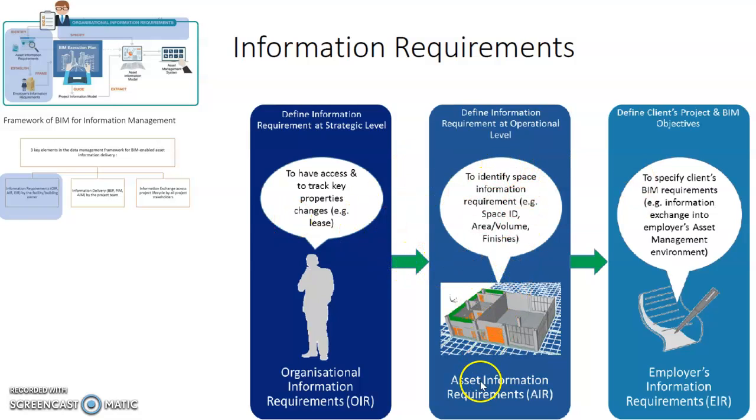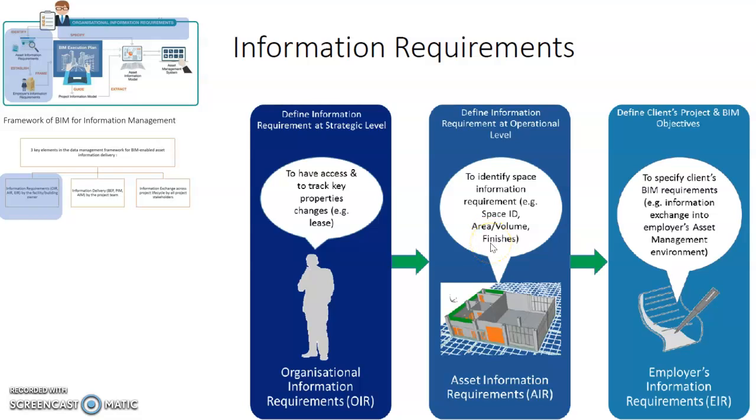We call it the asset information requirements, or in short we call it the AIR. That requires the company owners to define the information requirement at operational level. For example, to identify space information requirement, the space ID, the volume, the area finishes.